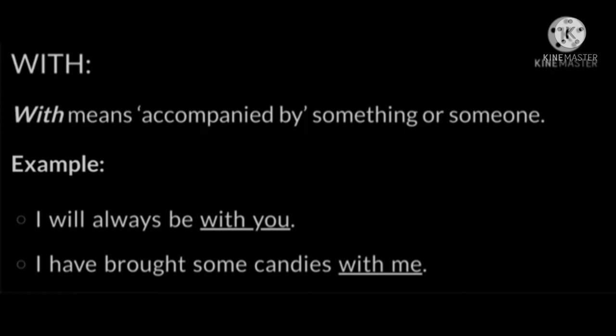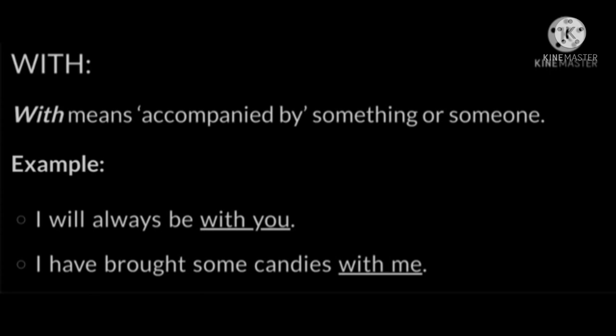Next, with. With means accompanied by someone or something. Accompanied means you are having someone along with you. It is also used in the sense that if you are using some objects, to indicate the usage of objects also we are using with.